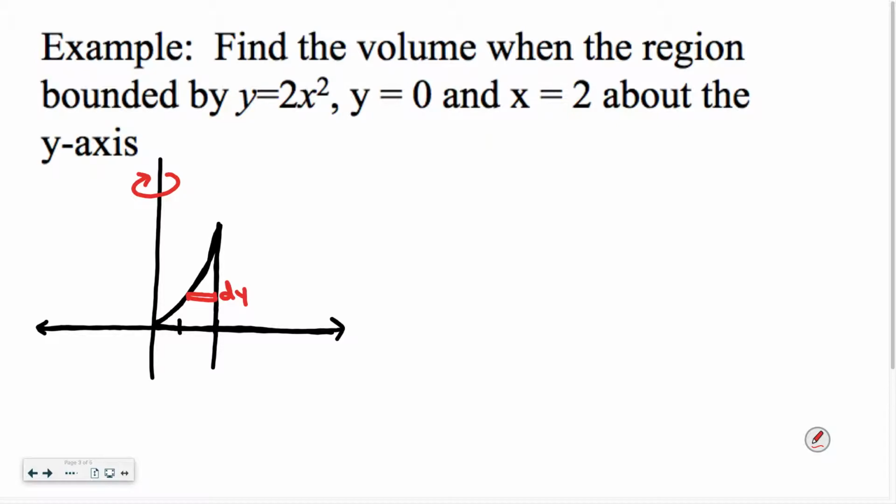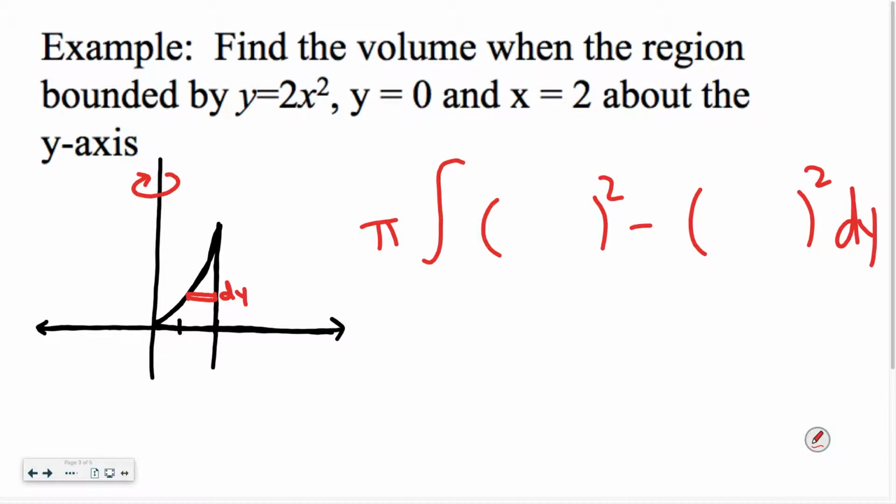Okay. So since our thickness is dy, then we are going to have to use y values. Our limits of integration need to be in terms of y. Our equation needs to be written in terms of y. We'll integrate with respect to y. So, let's figure out our limits of integration first.